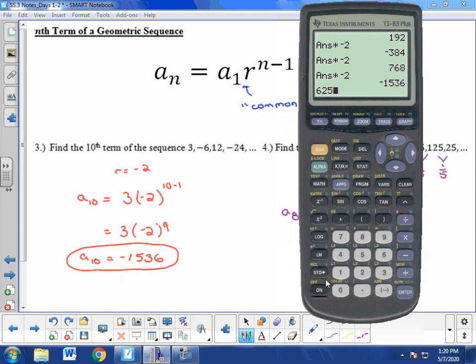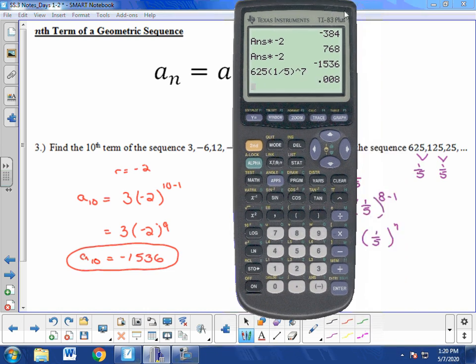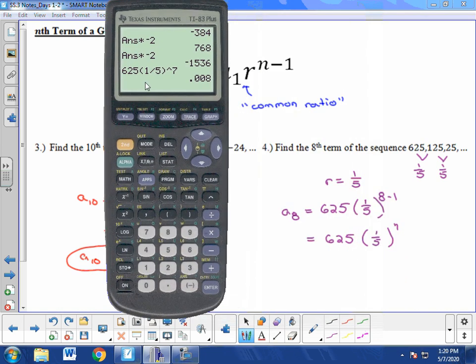So 625 times 1/5 to the 7th power, or 0.2 to the 7th power, and you'd find a decimal answer of 0.008, or if we did this as a fraction, an answer of 1 over 125.